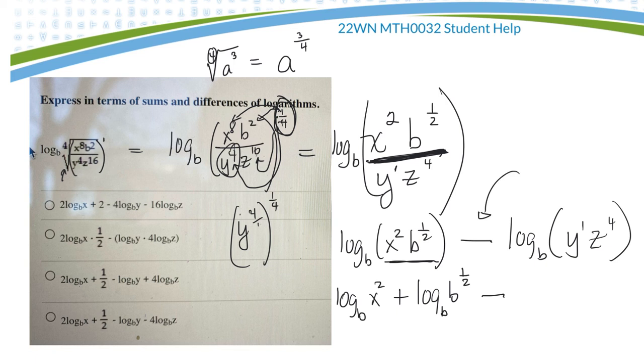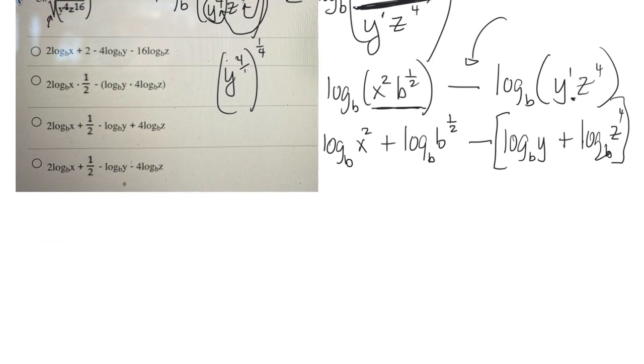So I'm going to put a bracket here and write the product rule for this one. So it'd be log base b of y plus log base b of z to the 4th. Okay, still going.